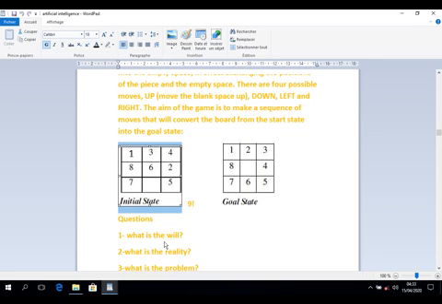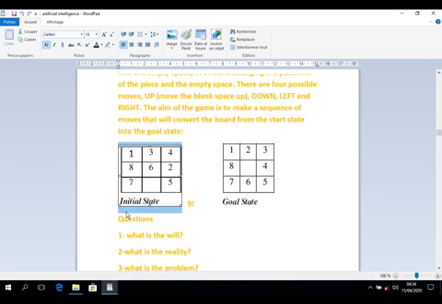The desired state, that is the goal state, what we want. The state space, that is the total number of states. But that state space can be defined explicitly or implicitly.